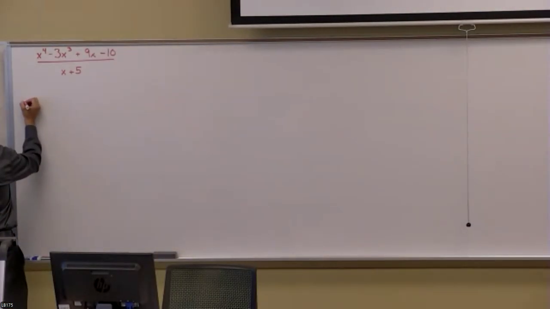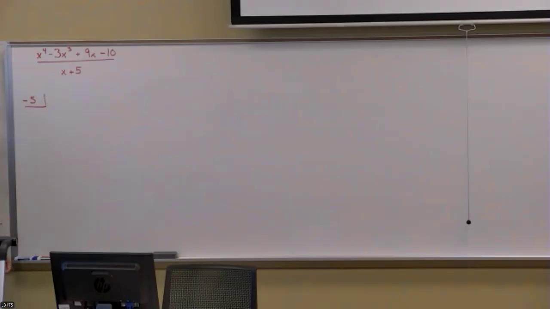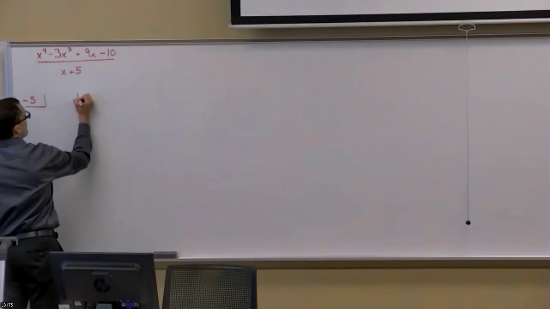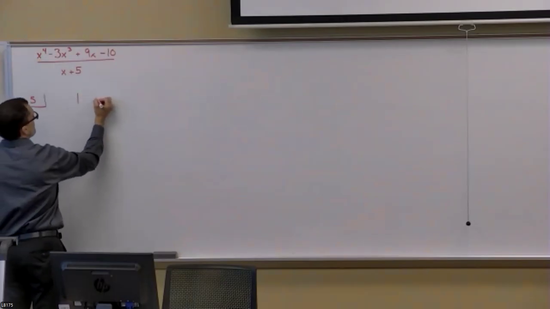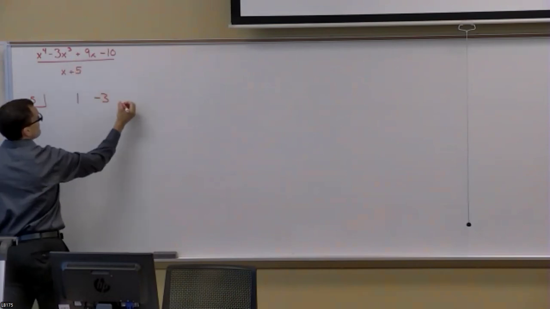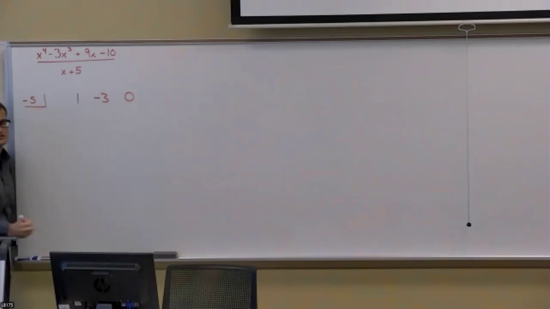So just as a reminder, we put negative 5 out as the number. Again, some people like to put a box around that, some people don't. And then I start dealing with the coefficients. The coefficient of x to the fourth is 1. The coefficient of x to the third is a negative 3. Notice that there's no x squared, so we've got to put a placeholder of 0.